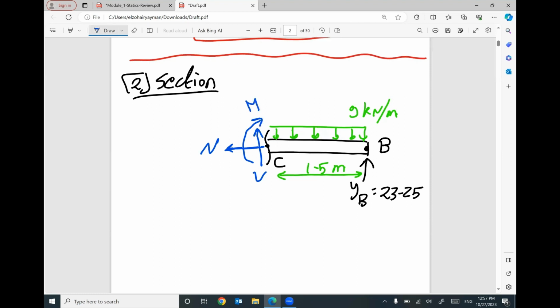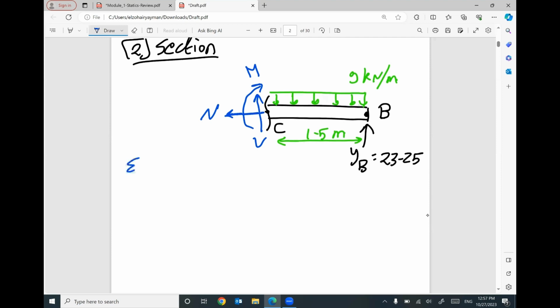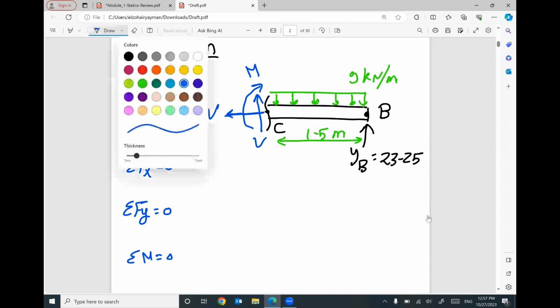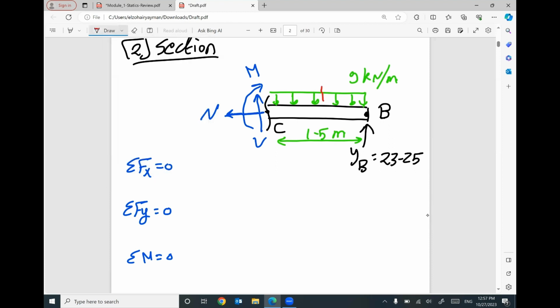We are ready to apply the 3 equilibrium equations one more time, but only for this part: summation f of x equals 0, summation f of y equals 0, summation moment at any point equals 0. Before doing this, remember, we have a little part of the distributed load, so I have to convert it to an equivalent.